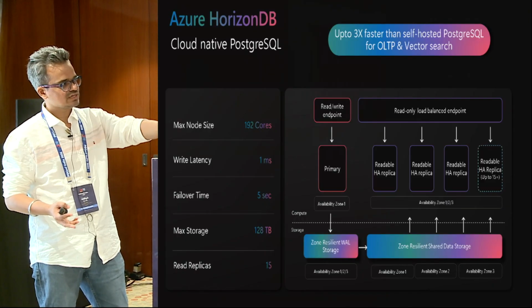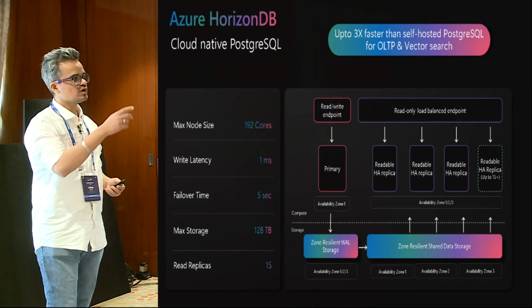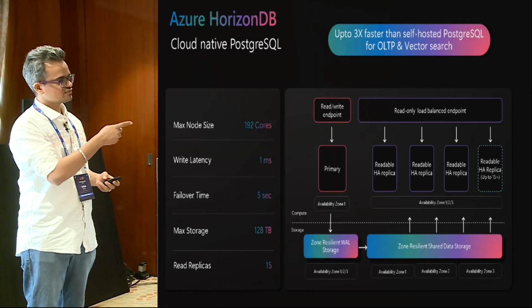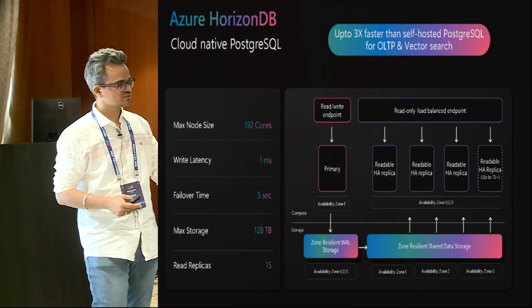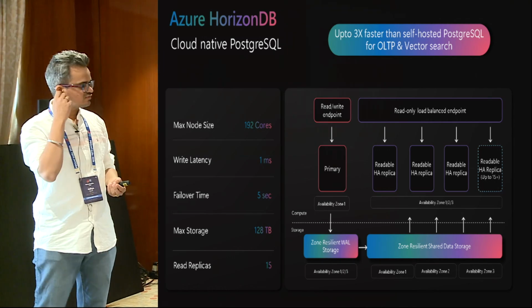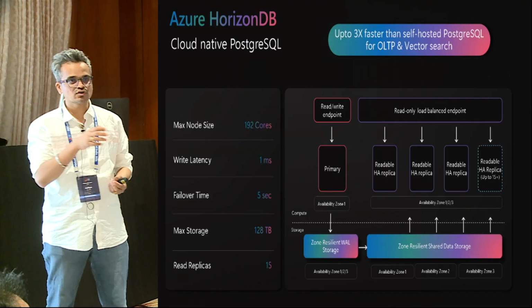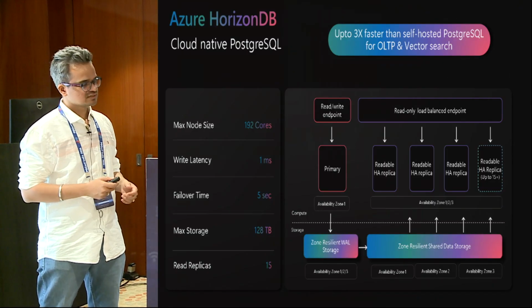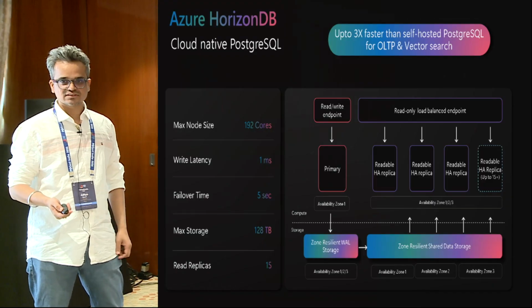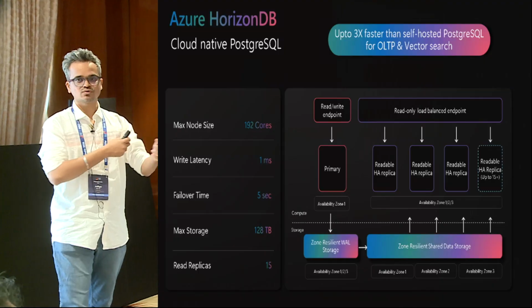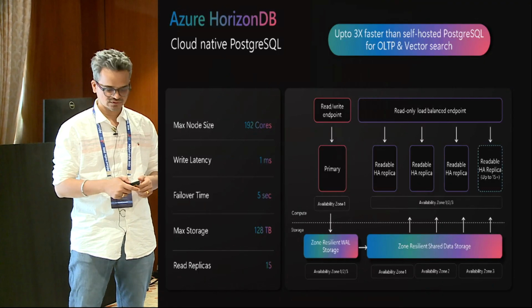It has 15 HA read replicas, and a read-write endpoint to the primary. The maximum node size is 192 vCores, the write latency is sub-millisecond like we discussed, and the maximum storage we offer is 128 terabytes. It is 3x faster than normal PostgreSQL hosted on premises for OLTP and vector search.